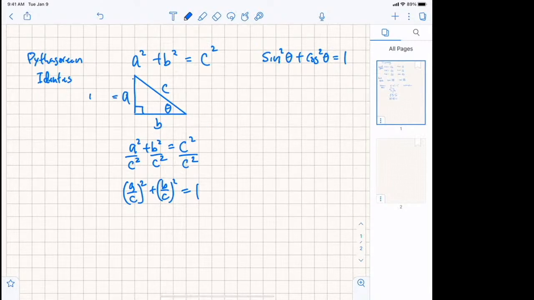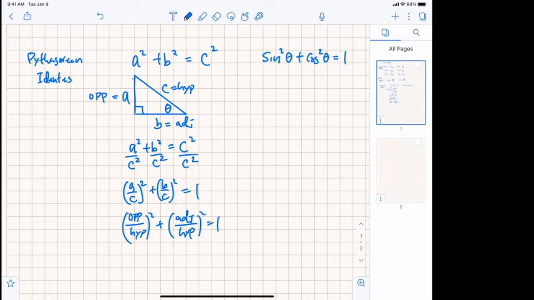A is the opposite, C is the hypotenuse, and B is the adjacent. Oh, it's not adjacent over hypotenuse for the first term, it's opposite over hypotenuse. So opposite over hypotenuse squared plus adjacent over hypotenuse squared equals 1.